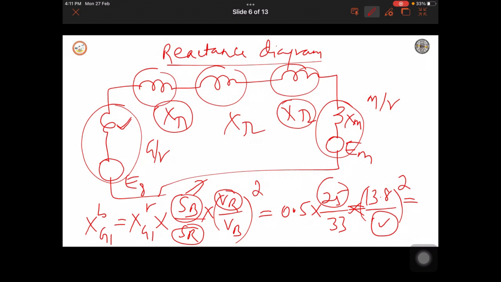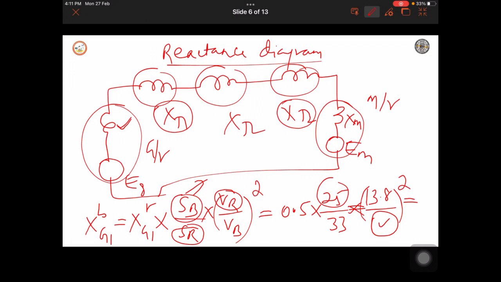What you do is, if you consider the rated voltage on LV side, you have to consider the base also in the LV side only, so that the voltage values will be almost same. So, that you keep it in mind when you are calculating the reactances on the common base.